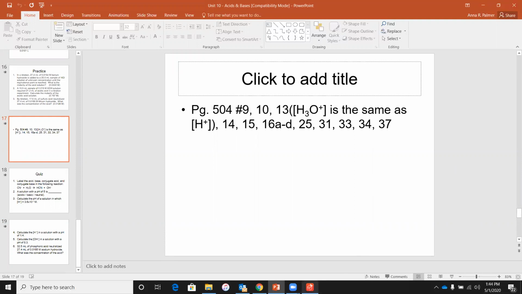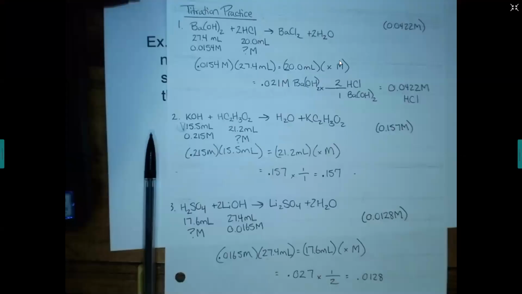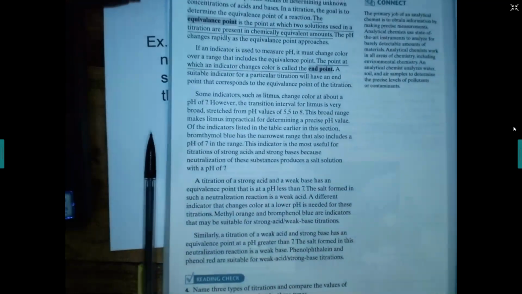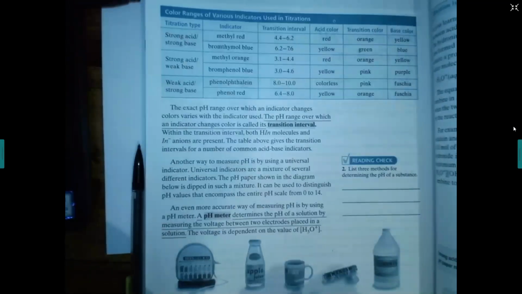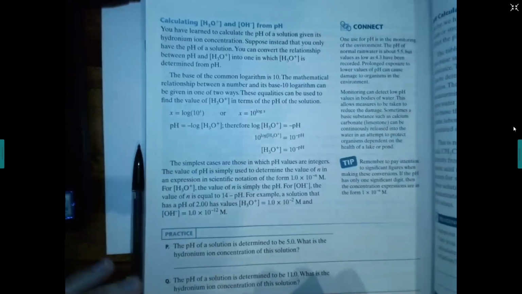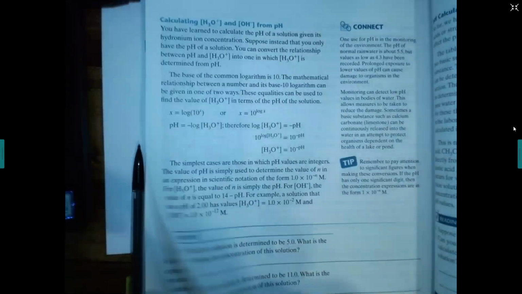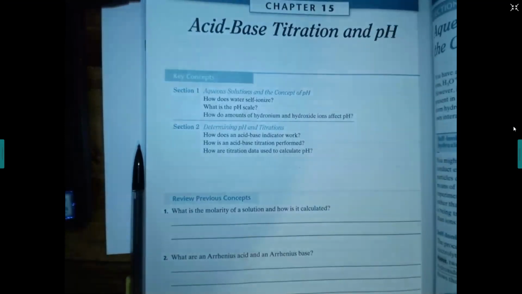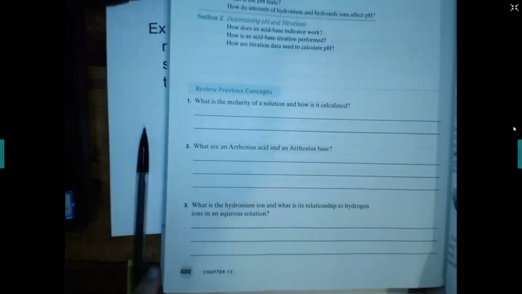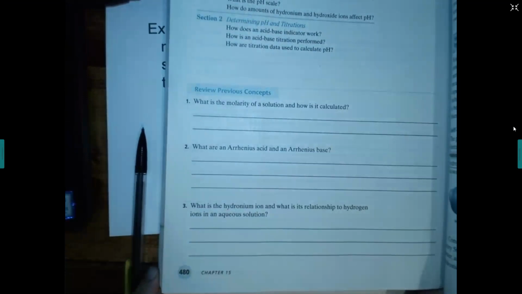And then the last thing I want to show you, just in case you need it, is if any of this was complicated or didn't make any sense, you can look at your interactive reader. This is chapter 15, and that starts on page 480. Now, there's a lot of information in here that I did not teach you because, again, these are mini units.